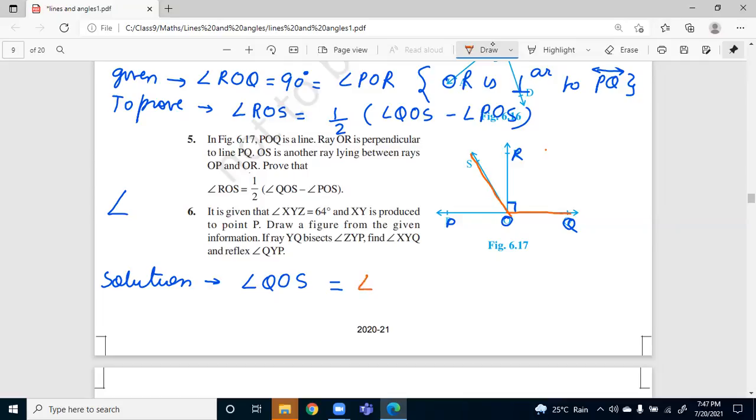I can write it is made up of angle ROS plus angle ROQ. Can I write it like this? Yes, ma'am.